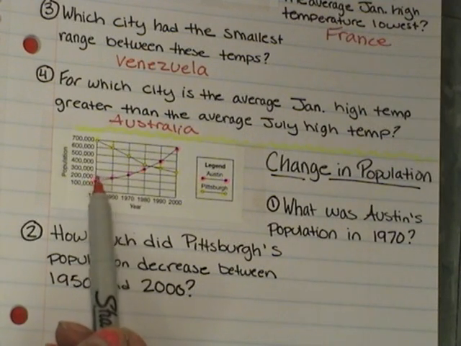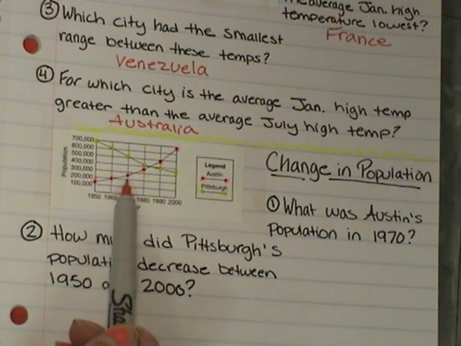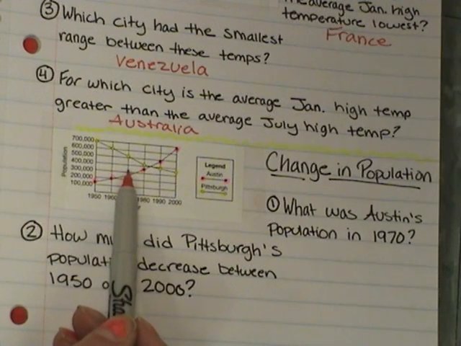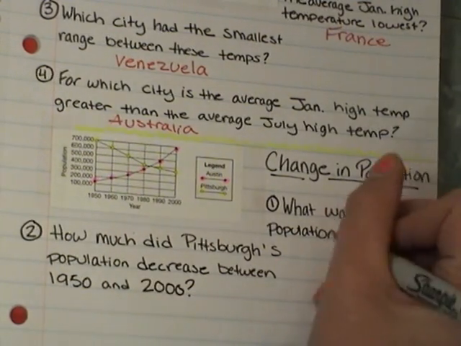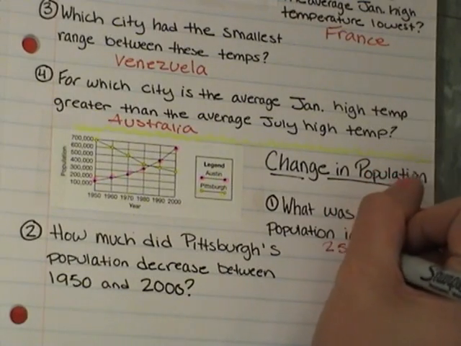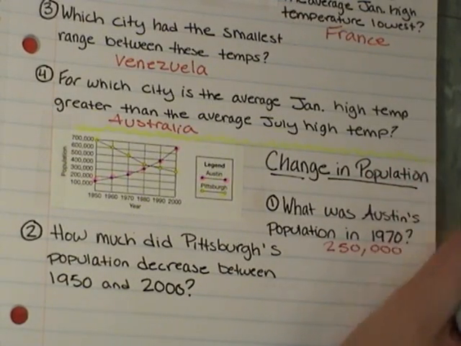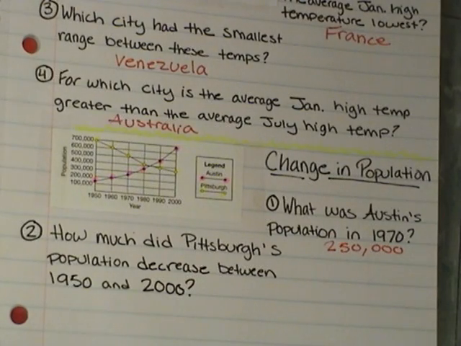It's really in between 200,000 and 300,000. If it's right in between, I'm going to put 250,000, about. So in 1970, about 250,000 people lived in Austin.